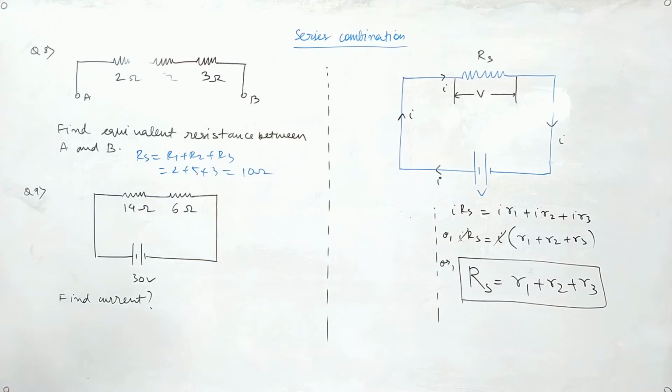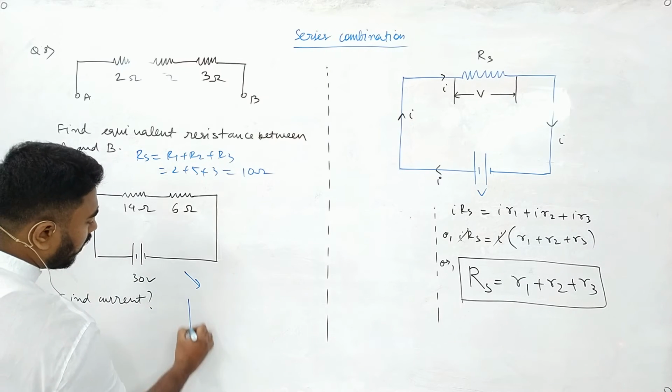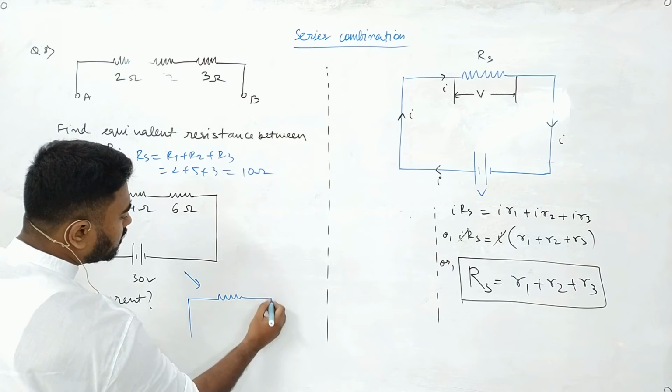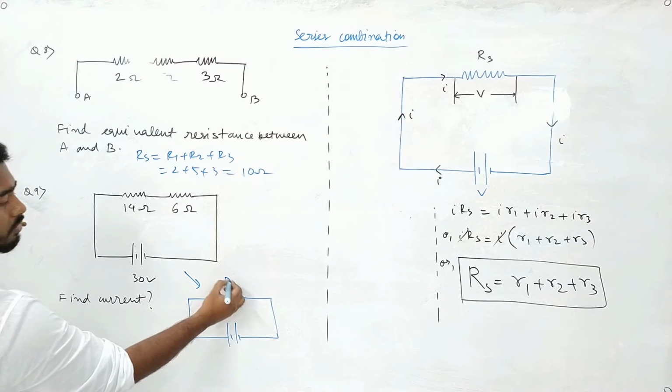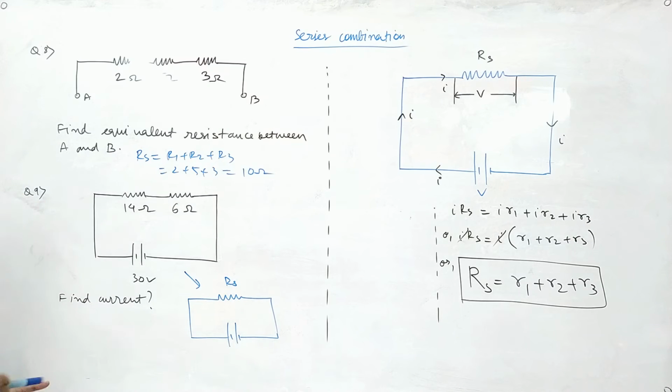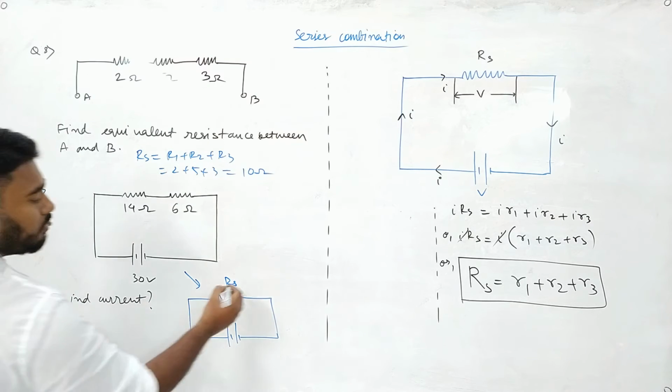Okay. Now look at this question. They have told us to find out the current. Now can we modify this one as a single resistance and a battery? Can I name it as RS? Okay. Can you tell me what will be the value of RS?